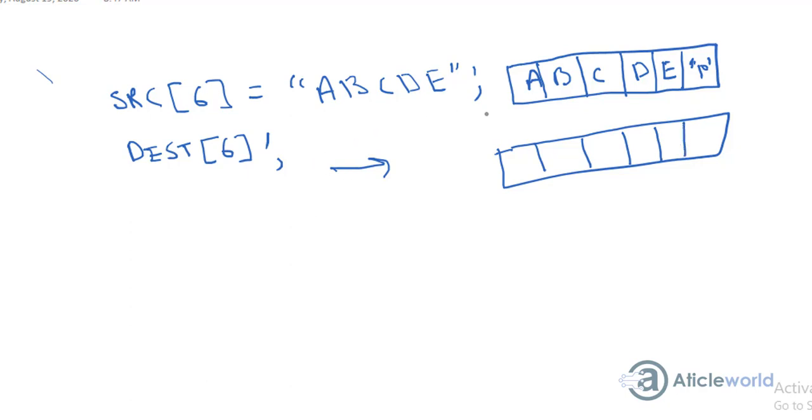Here you can see that I have already created the source and destination arrays and created a block of memory to explain this concept. Here I am using the strncpy function and copying only 2 characters from the source to the destination array.